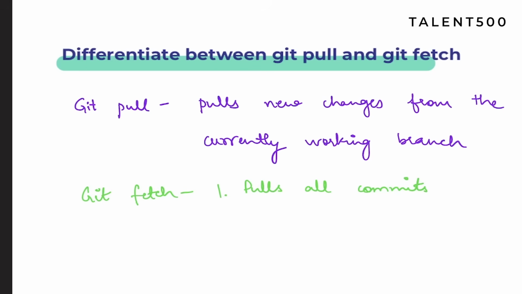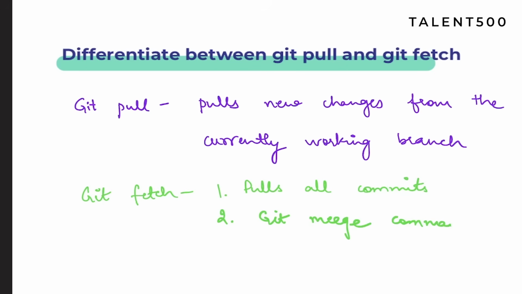It pulls all of them and then stores them in a new branch of your current repository. After that, the second step: if you want the changes to reflect, you use the git merge command.